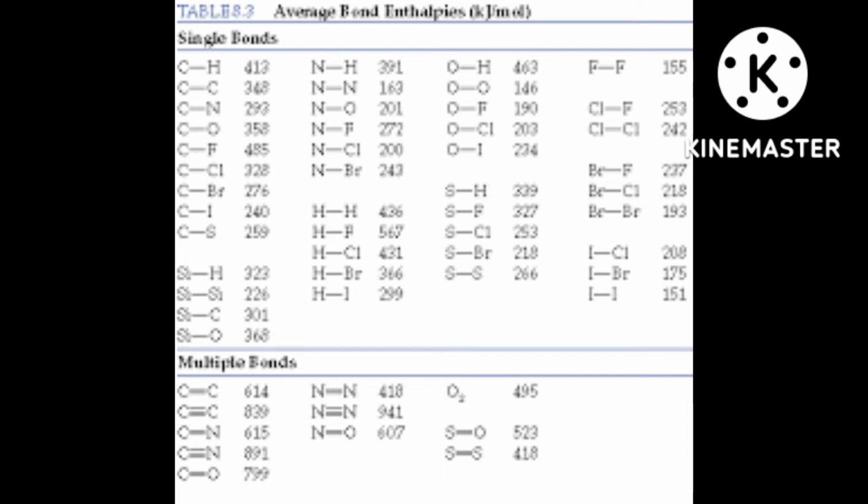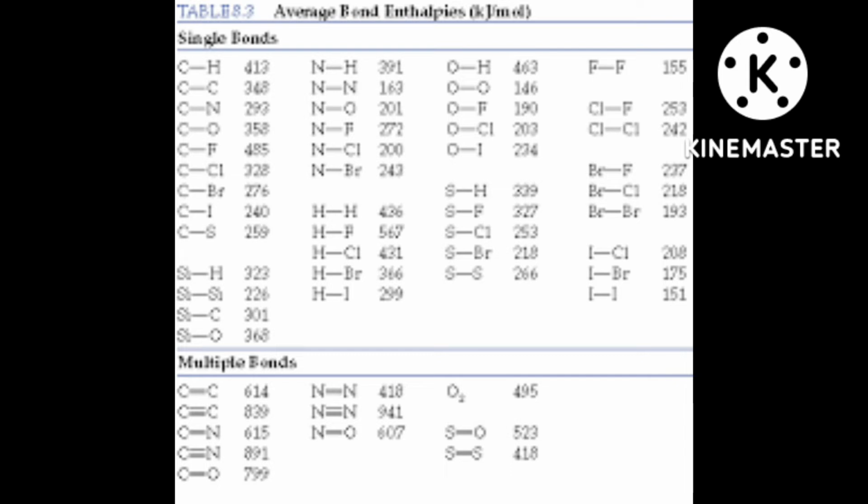With reference to enthalpy change associated with chemical bonds, two different terms are used in thermodynamics. What are those two terms?